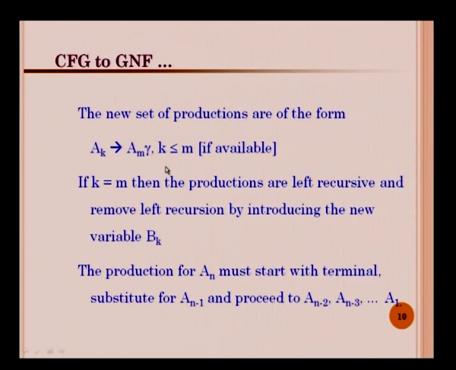So now what should be done is, we should go for removing the left recursion from the grammar. Then after removing the left recursion, we will be able to rewrite the grammar so that we will be having the new grammar with no left recursion at all. So the steps are, first you find out productions of the form Ai derives Aj gamma, where j is greater than i, which means that Aj is going to be a new variable.